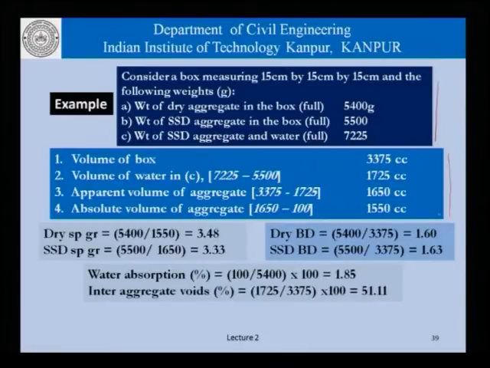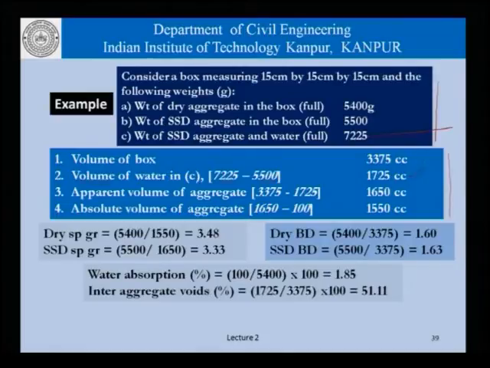Then we calculate the volume of water in this part here, and assuming the density of water to be 1, the volume of water which is there in the inter-aggregate voids is 7,225 minus 5,500, and we get this number 1725.